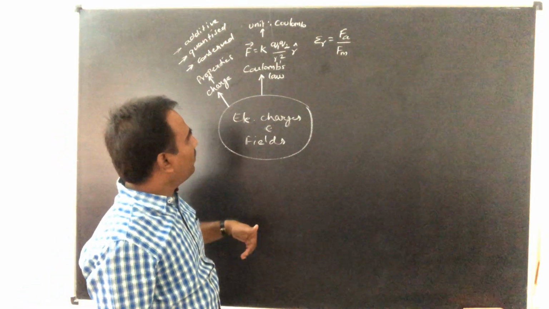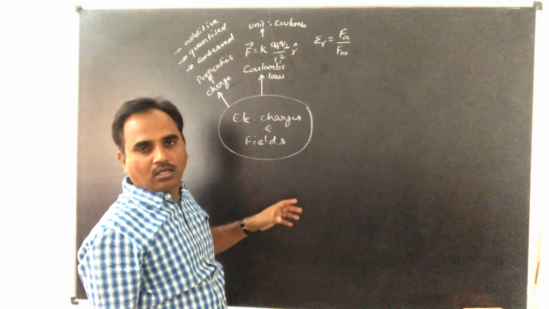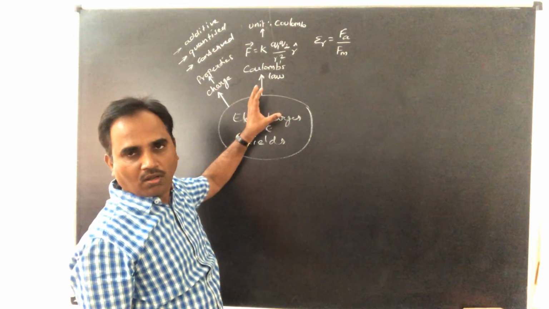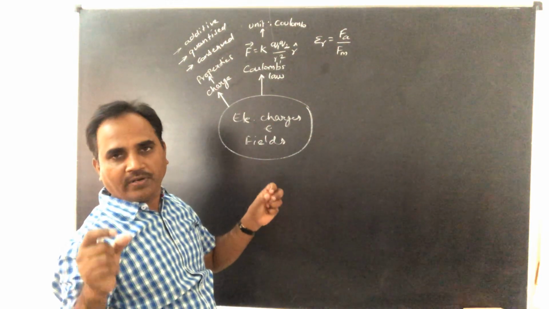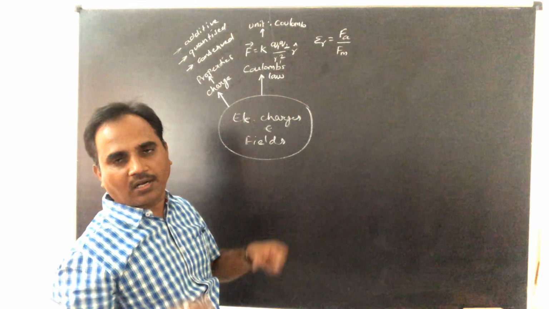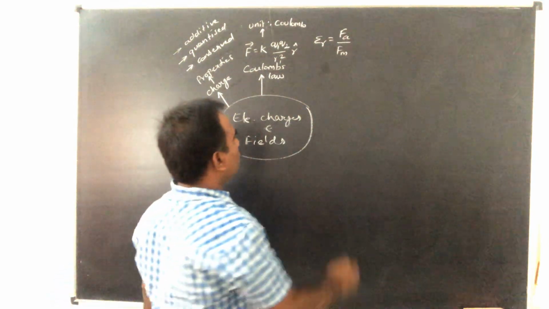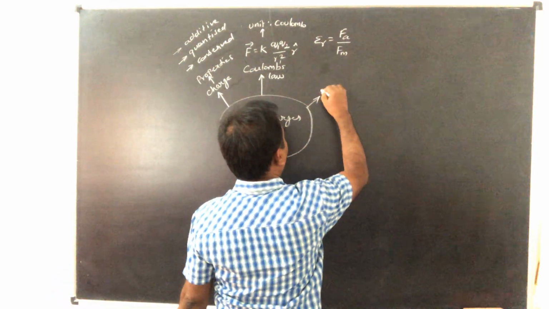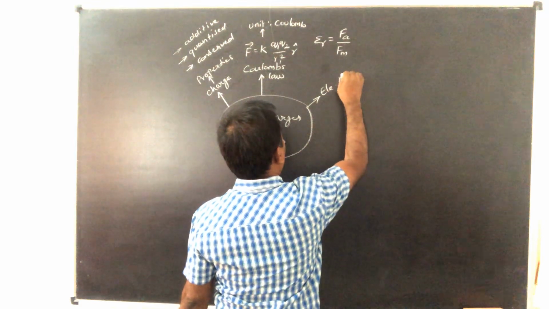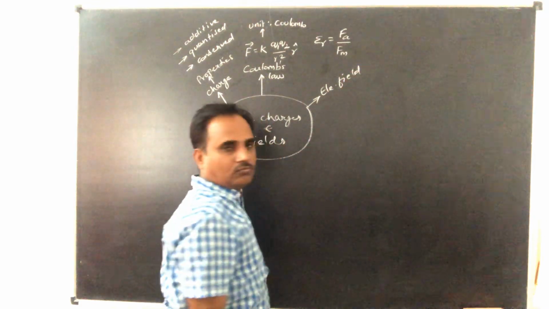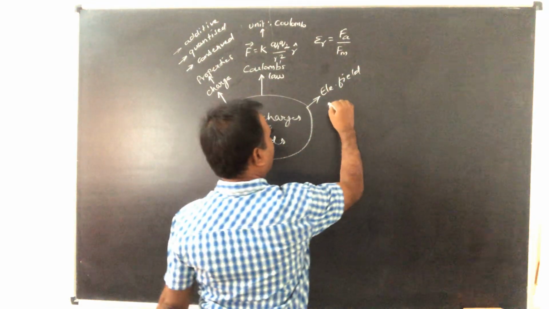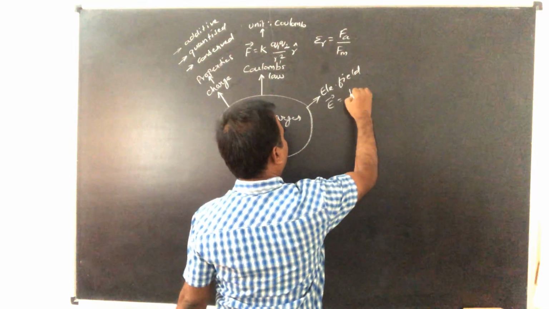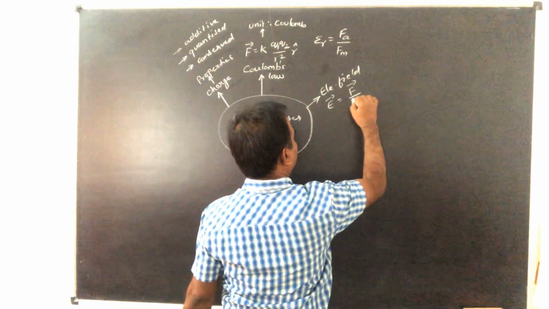Next, in order to explain the force acting between two charges without physical contact, we introduced this concept of electric field. So basically this electric field is nothing but force per unit charge.